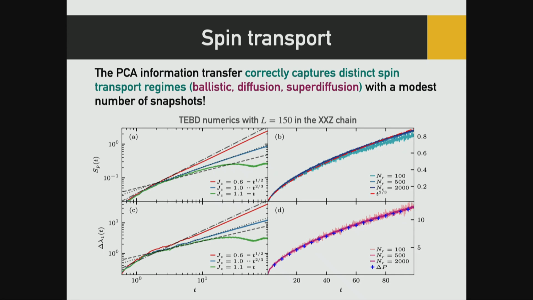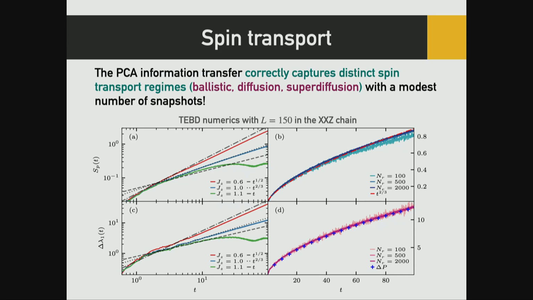And we do it here for 3 different values of the anisotropy parameter, which has been shown in previous numerical works to correspond to ballistic transport, super diffusive transport, and diffusive transport as well.